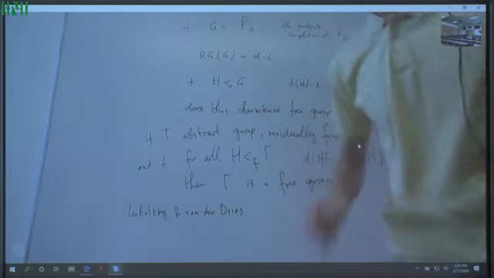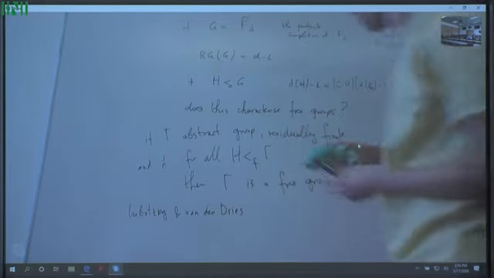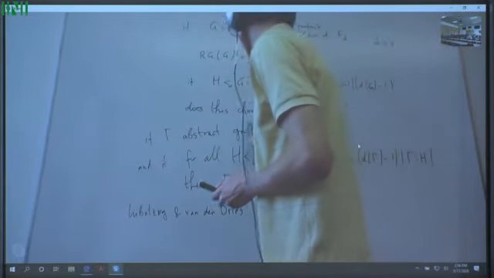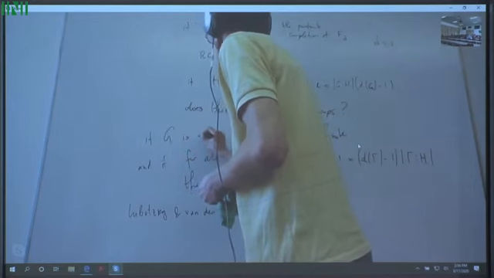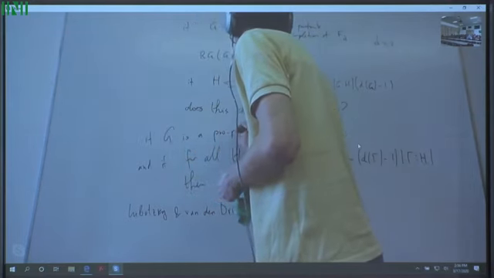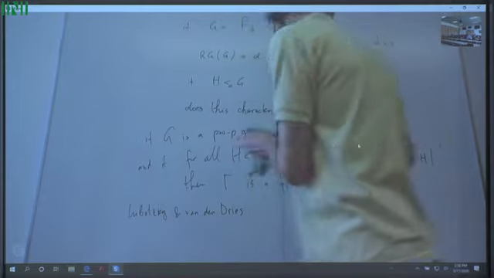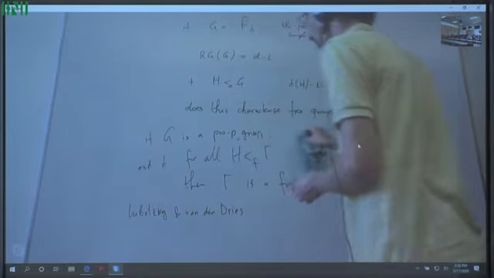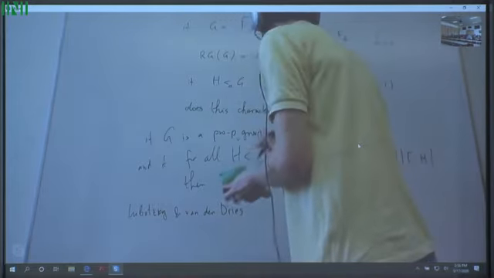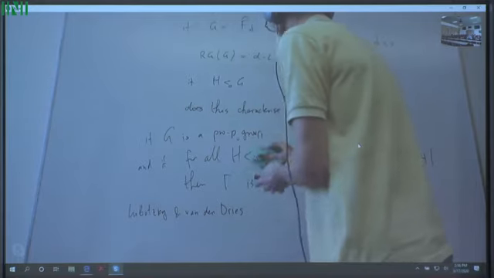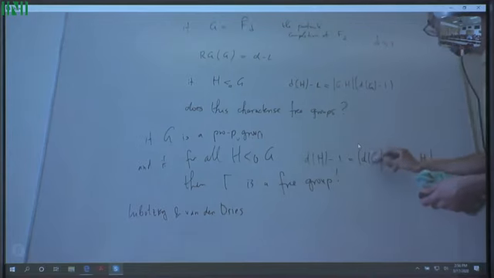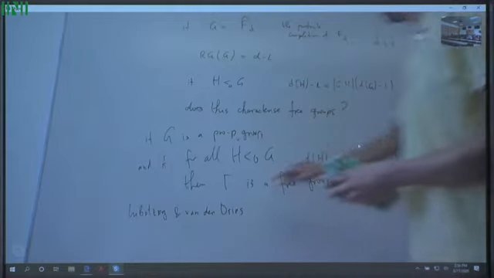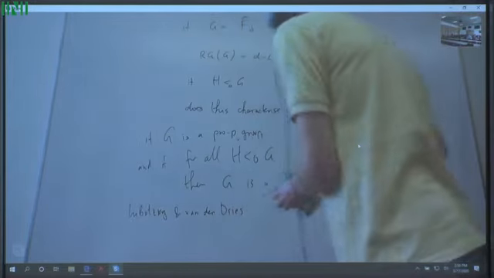First, it turns out that if G is a pro-p group, okay, now I can erase this "finite", and for all open subgroups of G the number of generators is multiplicative, then G is a free pro-p group.